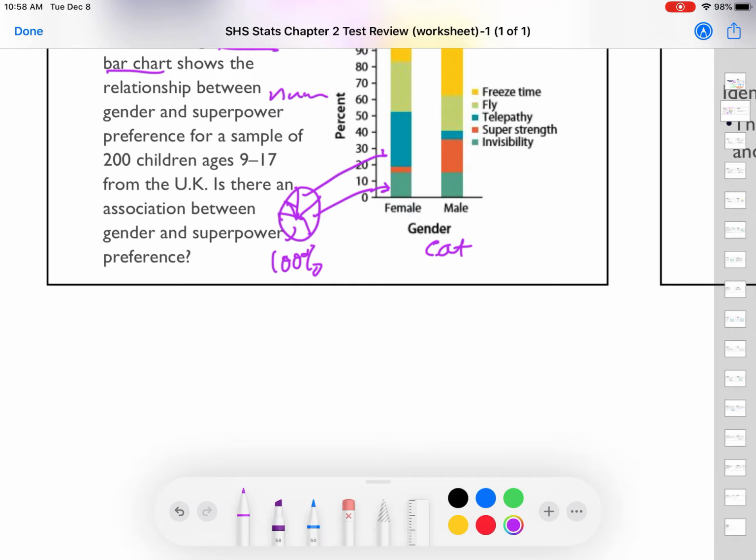So can we say that there is an association? I want you to notice that this is categorical, and then this is numerical. So qualitative, quantitative. So we can say yes, there is an association. Why?